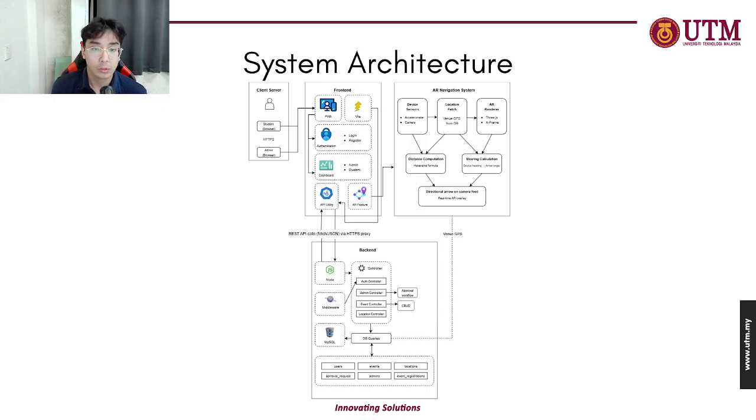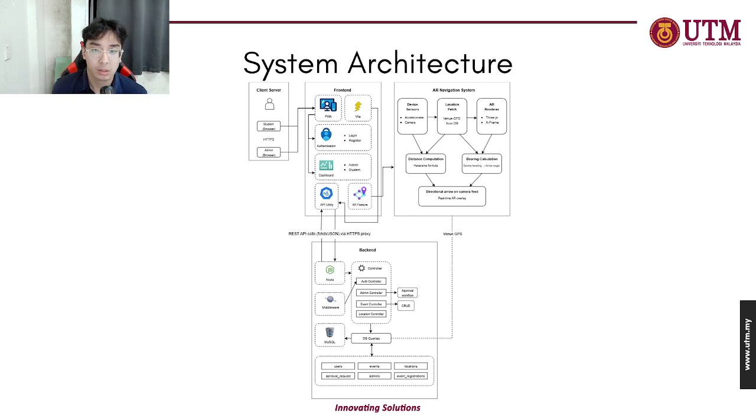Okay. Let's move to the AR feature. The AR feature is located in the front end structure, where all the calculation and configuration are implemented. There are several flows for the AR application.